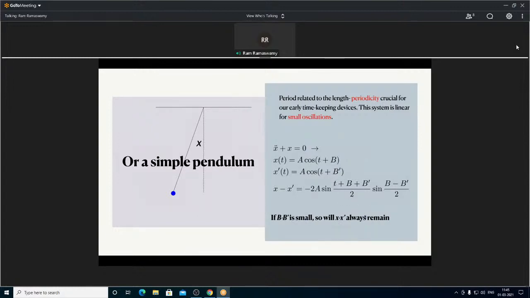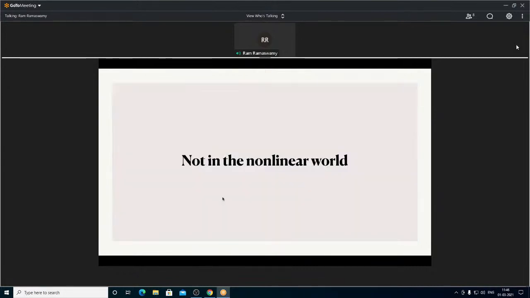It's just some simple mathematics. If this difference b minus b prime is small, then this entire quantity is very close to 0, which means that x minus x prime will also remain very small. And this is a very characteristic behavior of linear systems, unlike what happens in the nonlinear world.